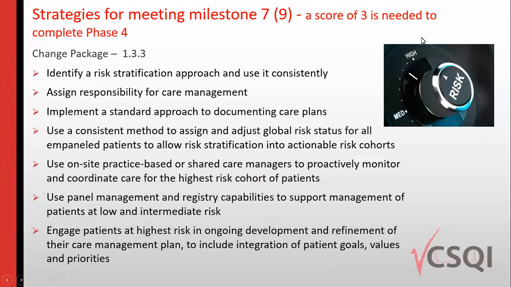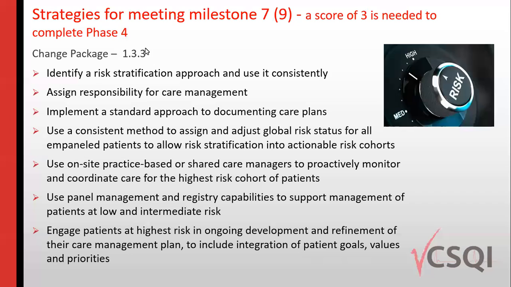So for milestone 7 on the specialty practice list, a score of 3 is needed to complete phase 4. And in all instances, we try to show you which phase a score of 3 is associated with.